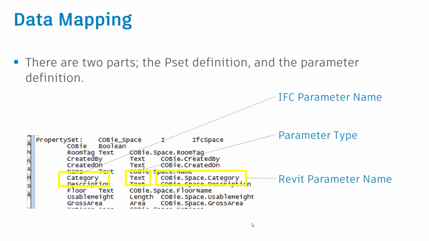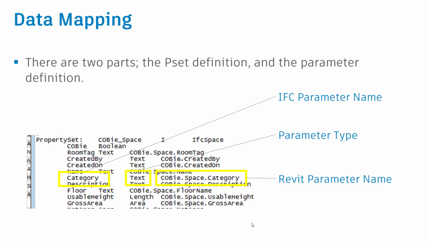And then what's included within those property sets, we have the IFC property name, as you want it to appear in the IFC file, the parameter type, so whether it's text, Boolean, area, integer, and then you have the Revit parameter name. Now the Revit parameter name can be whatever you want it to be.